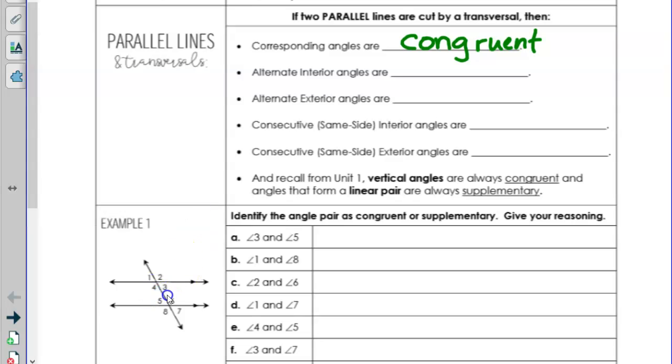So 4 and 6, they are both obtuse, right? What's the other pair? 3 and 5, and what are 3 and 5? Acute, they're both acute, right? So do you think alternate interior angles are congruent or supplementary? They're congruent. So you see how these two are both obtuse, and then 3 and 5 are both acute? So they are going to be congruent as well.